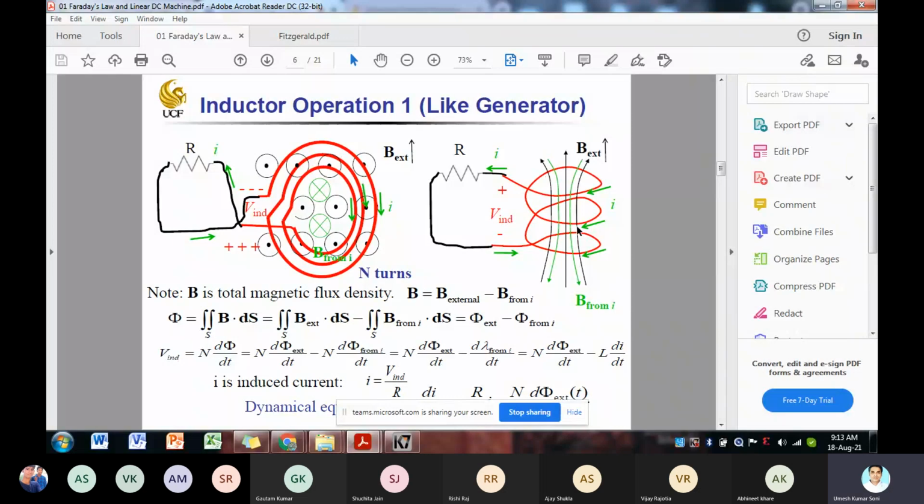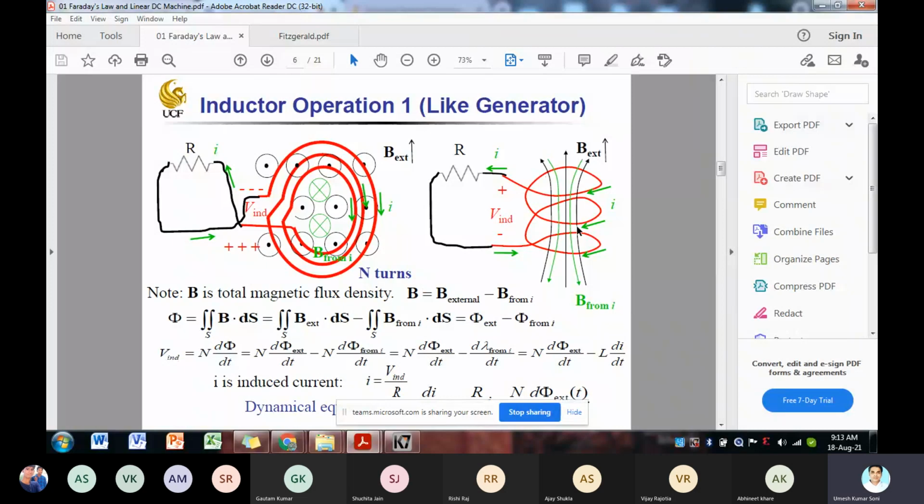To make this N pole downwards, there should be the current in this shown direction. You can see the green arrow. So for opposing the external magnetic flux density B external, the coil will set up magnetic flux density in the downwards direction, and for that the necessary direction of current will be followed.